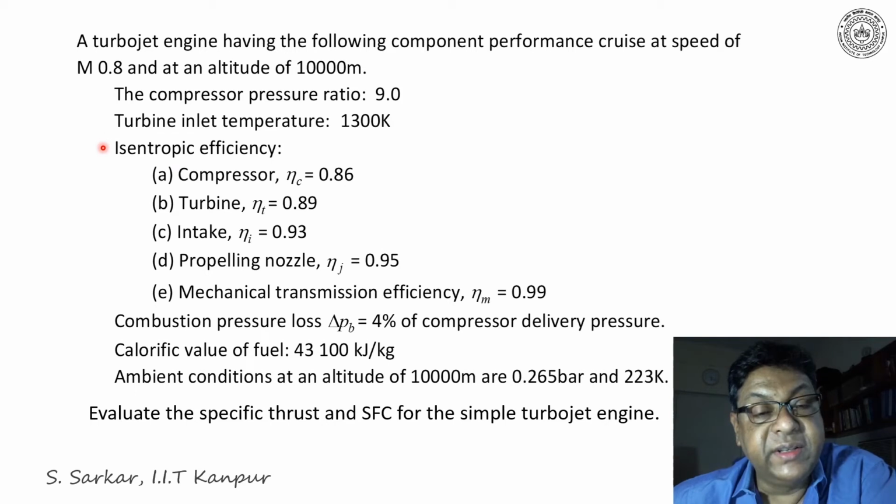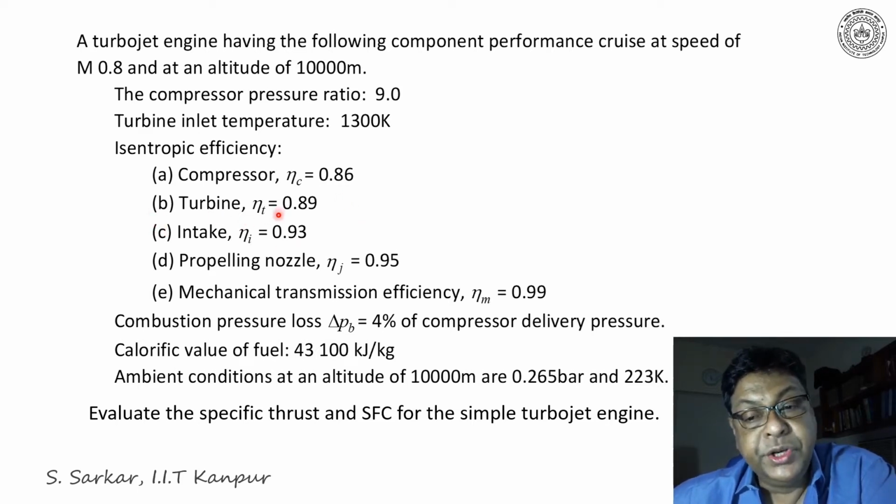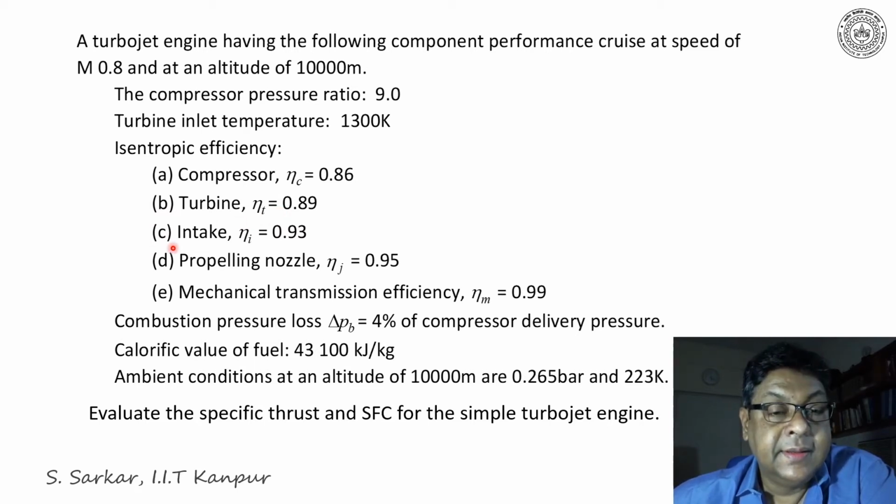Isentropic efficiencies of the different components are given as: for compression, eta C is equal to 0.86. For turbine, eta T is 0.89. Intake, eta I, is equal to 0.93.